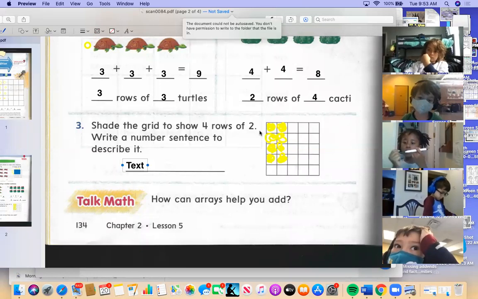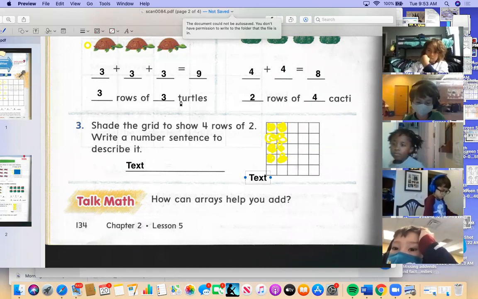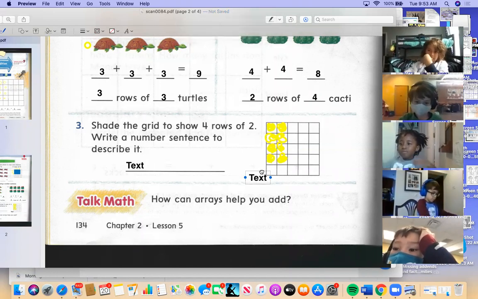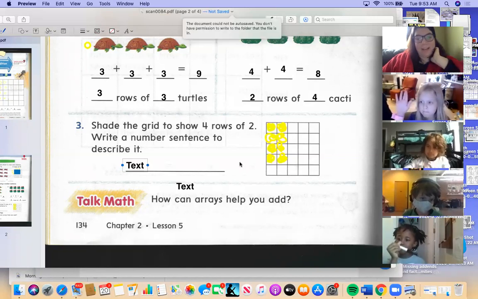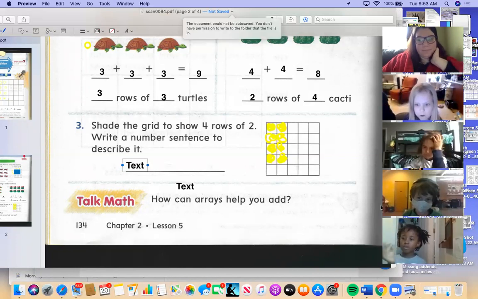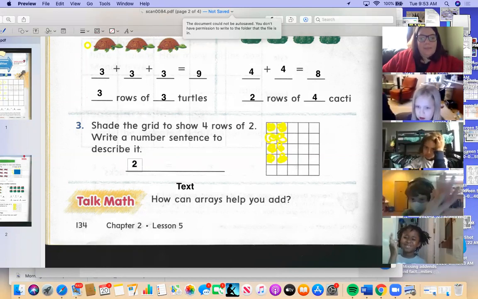What plus what plus what? Like this. This is a number sentence. 3 plus 3 plus 3 equals 9. 4 plus 4 equals 8. How can we do that for this array? Any ideas? Eliana? 2 plus 2 plus 2 plus 2. Also 4 plus 4. Exactly.